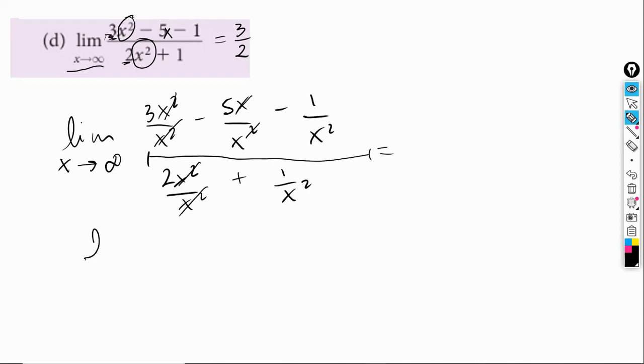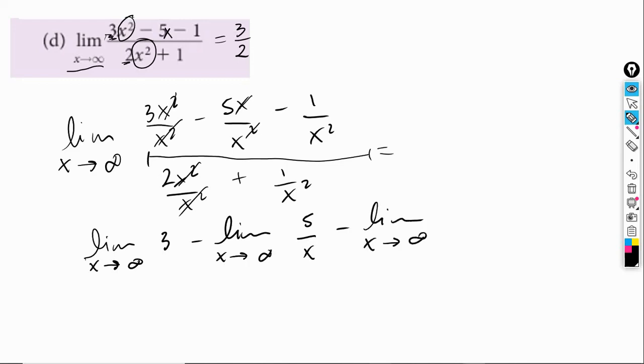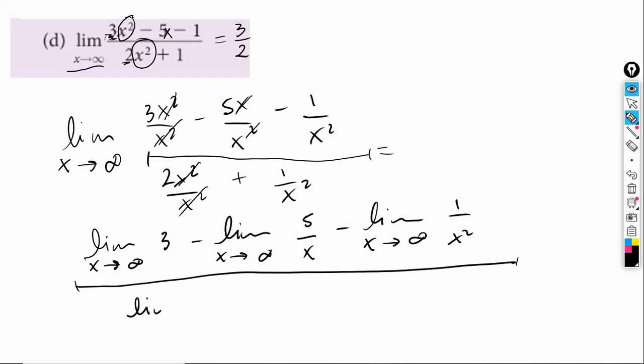So we can rewrite this as the limit as x approaches infinity of 3 minus the limit as x approaches infinity of 5 over x minus the limit as x approaches infinity of 1 over x squared, and all of this divided by the limit as x approaches infinity of 2 plus the limit as x approaches infinity of 1 over x squared.